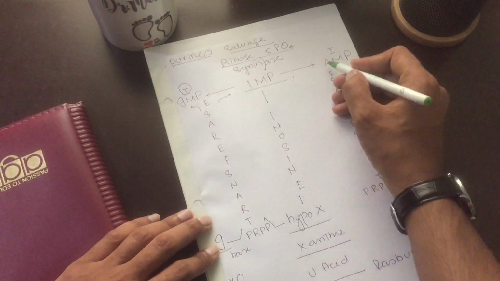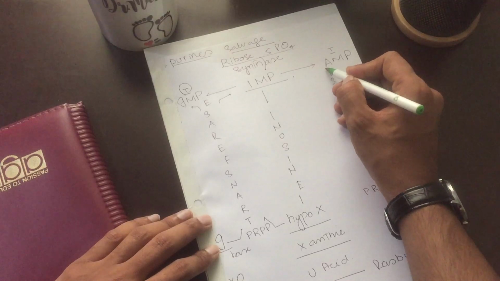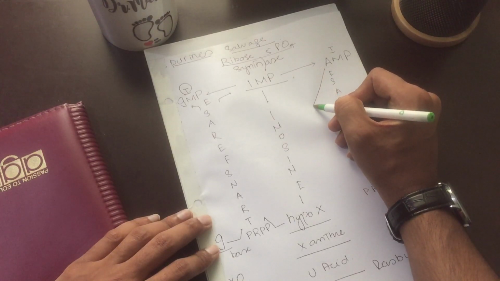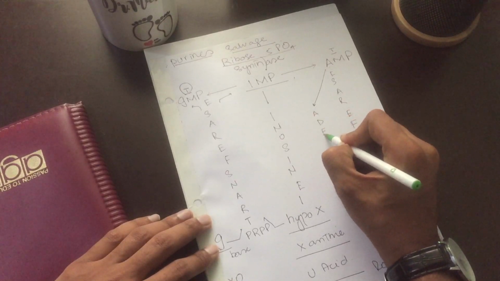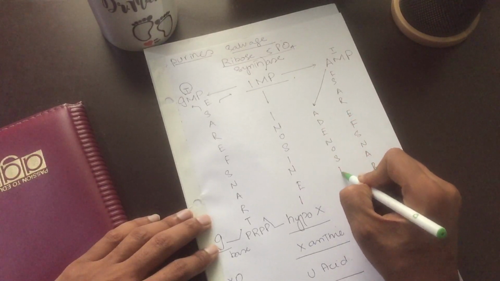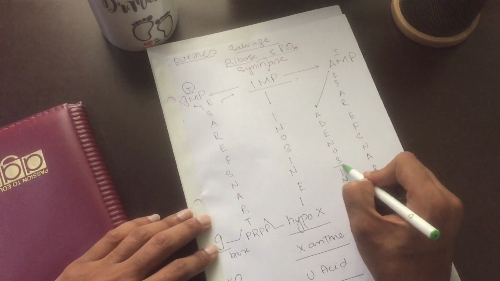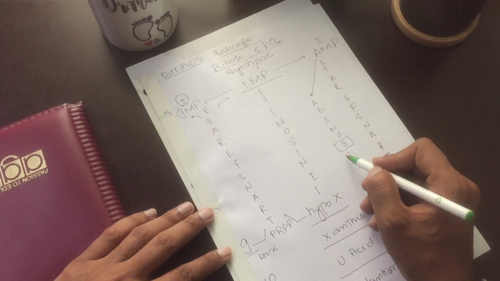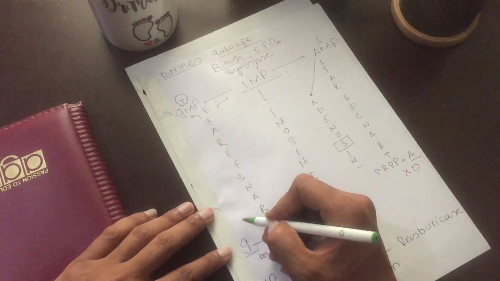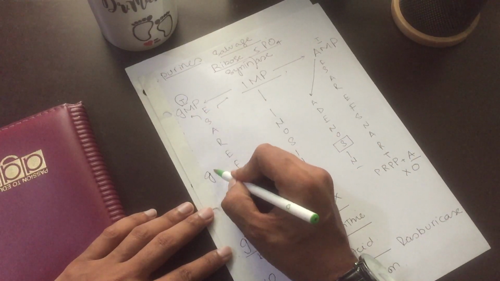Over here, adenosine monophosphate is converted into adenosine. Since it's adenosine, it's a nucleoside. Over here we also have guanosine.